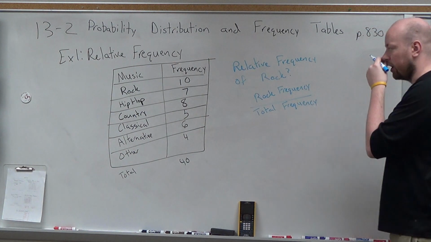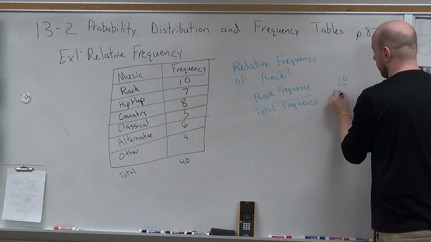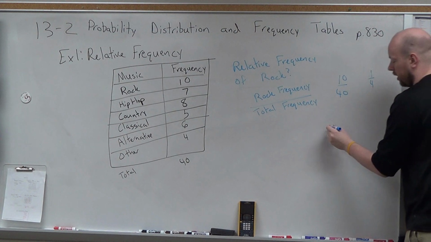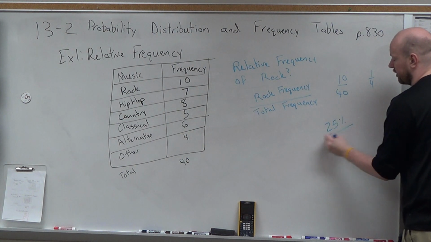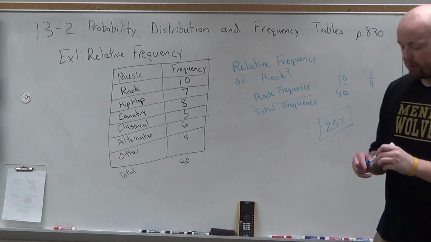Just find that ratio. So here I have 10 people like rock, and I have 40 total. Well, 10 over 40 simplifies down to 1/4, or, as we know, 25%. So the relative frequency of rock would be 25%.